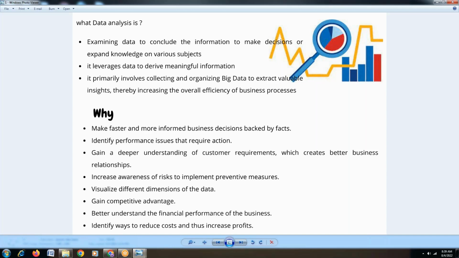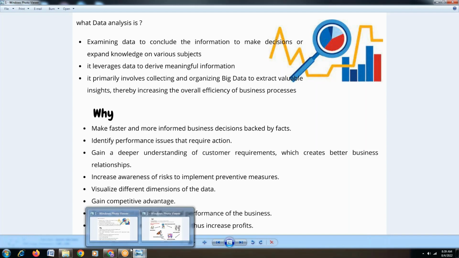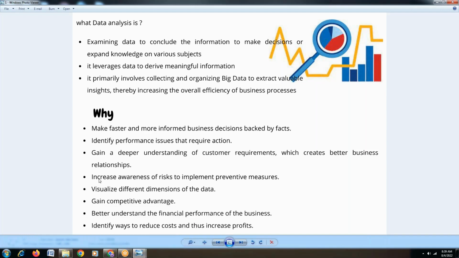At the end of the day, the underlying point is that data analysis is essentially required. So this is what data analysis is generally used for: to take decisions in business, to identify performance issues, understanding the perceptions of the customer, demands, needs, expectations, even increasing the understanding level of the risk involved and how to prevent, minimize and control the risk, visualization of data.